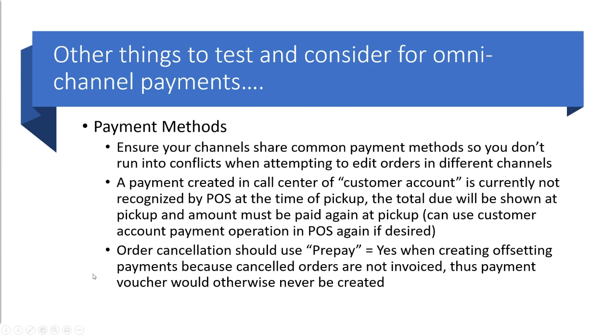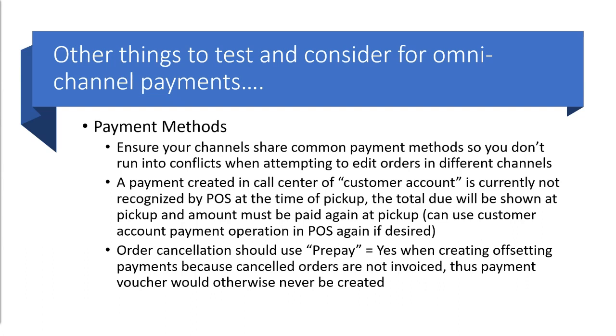And again, something that has come up recently is order cancellation. If you create a call center order, especially if you're paying with a payment type of normal, think about that scenario. You're a call center user and you create an order and you pay with cash.